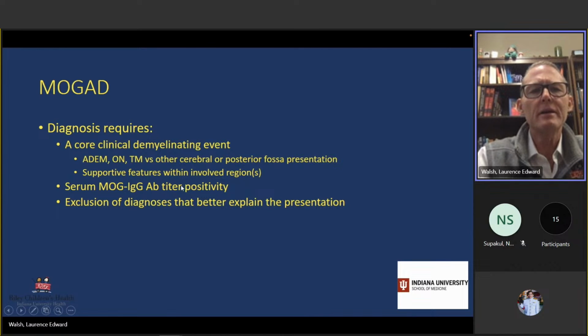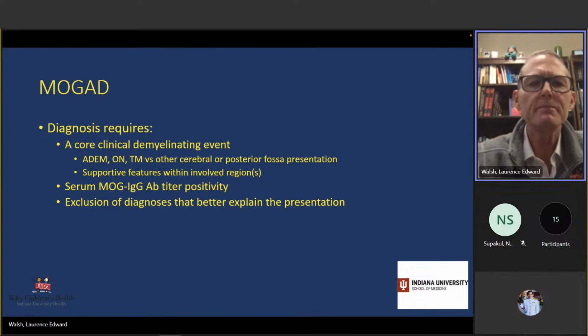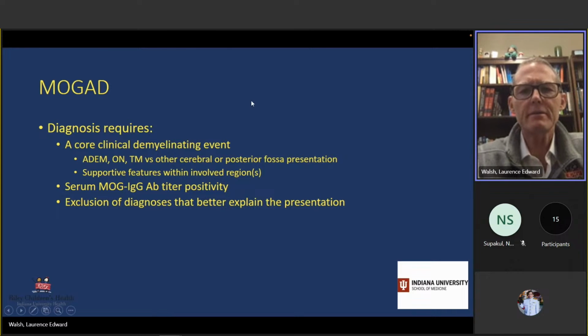The previous guidelines said you could use any of these, but they just published a proposed set of guidelines in January of this year, and that's what this is going to look like. And everybody who's written about this in the past 10 years is on that group, so it's going to be approved. And then you have to exclude diagnoses that make more sense.